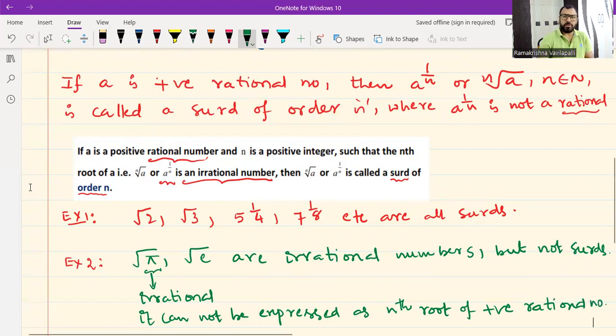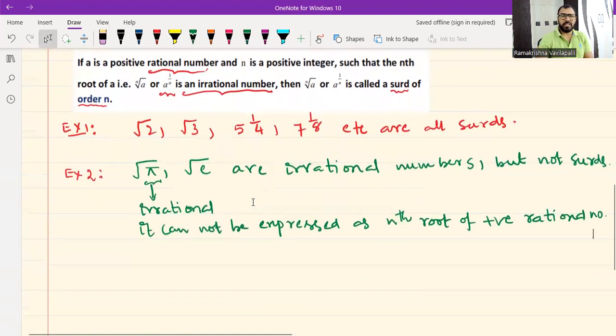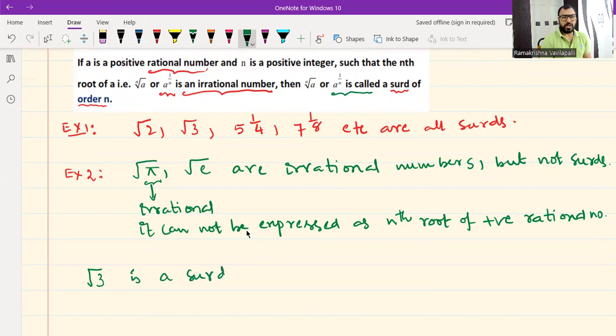Now I'll provide some special cases of these surds. Here, a to the power of 1 by n is called a surd of order n. So square root of 3 is a surd of order 2.